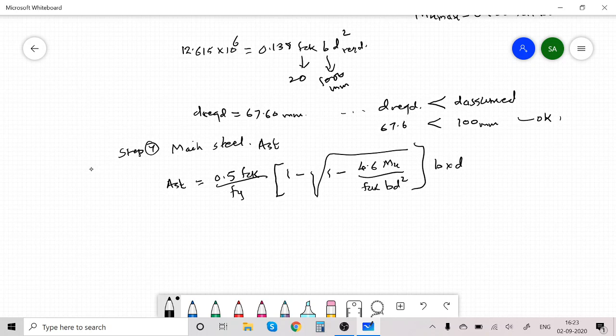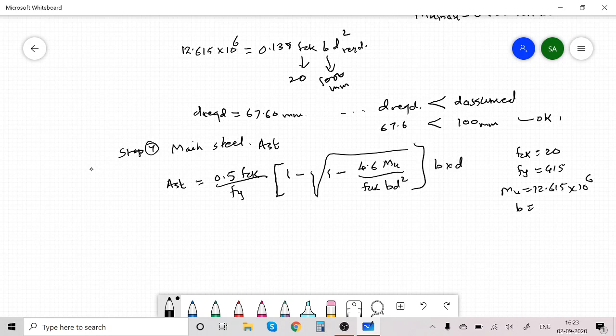Here FCK is 20, Fy is 415, then Mu is 12.615 into 10 raised to 6. Remember, convert it to Newton mm.